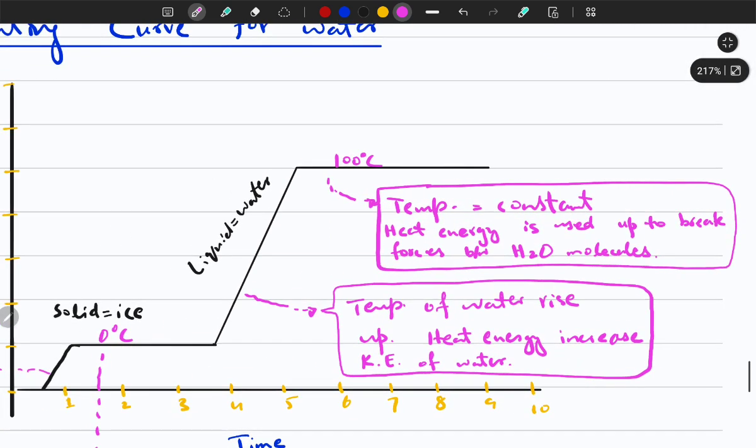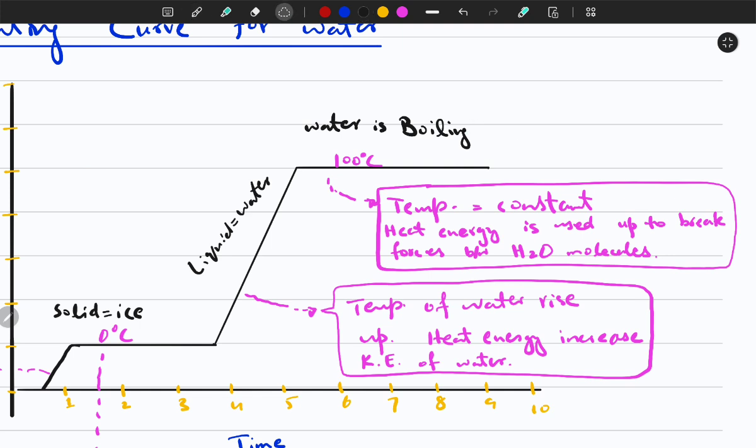You keep heating it, the water molecules would keep escaping after breaking the attractive forces, which is basically hydrogen bonding between them. Okay? But the temperature would remain constant until all the water has been transformed into vapors. All the water has been evaporated. At this state, water is boiling.